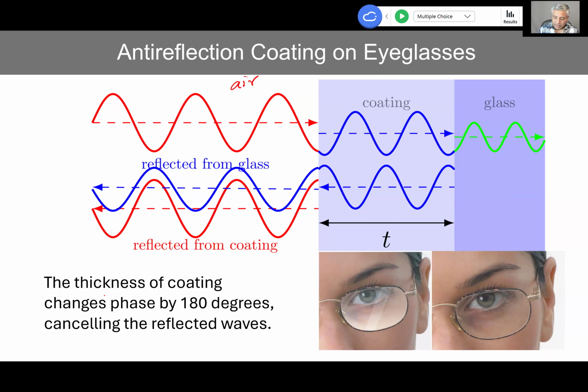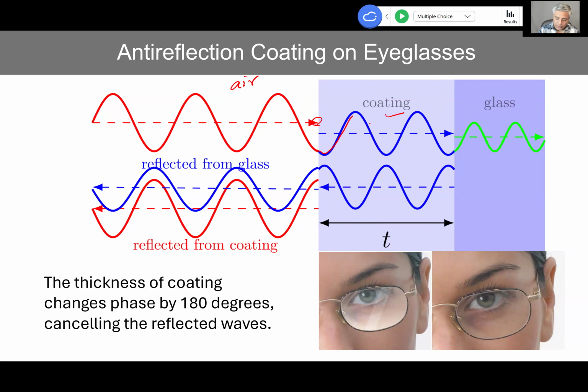So in this case, some light, maybe, gets reflected and that becomes unwanted, and we want to get rid of that. That's where this coating comes into play. So for example, let's suppose this red light wave is coming and hits the coating. At the boundary, two things happen.